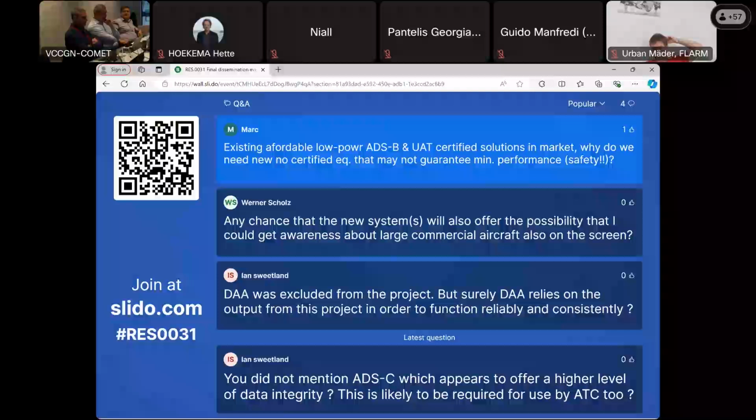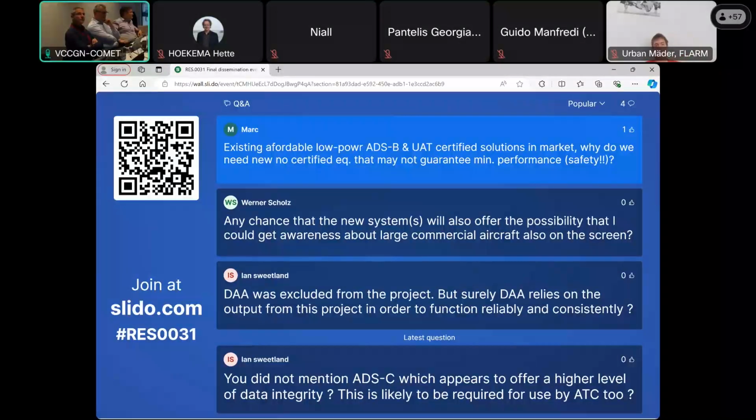The second dimension of this question is that there are tens of thousands of users who invested in non-certified solutions voluntarily to improve safety. And from their perspective, the performance of the existing systems is sufficient for better situational awareness.